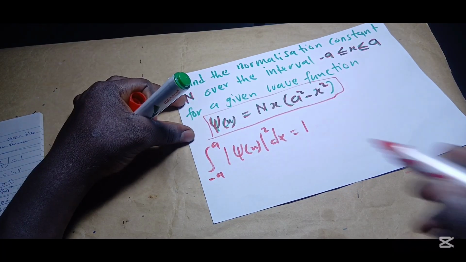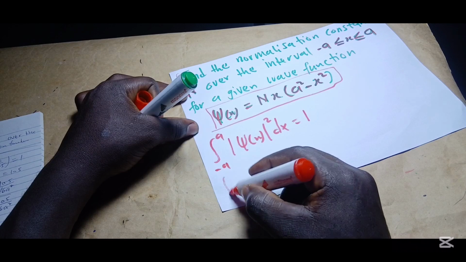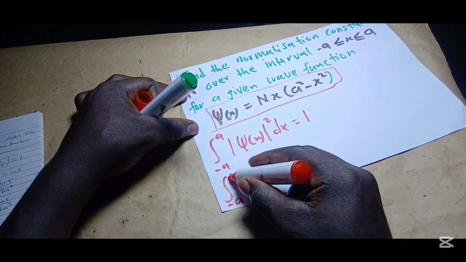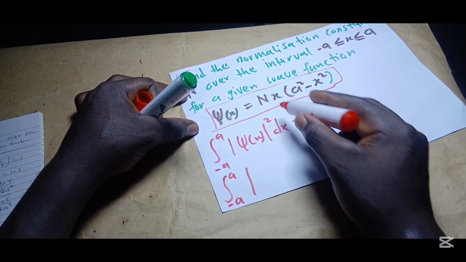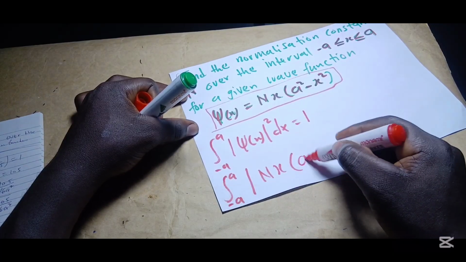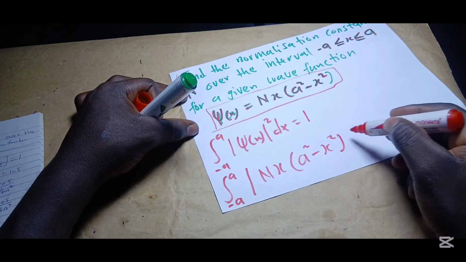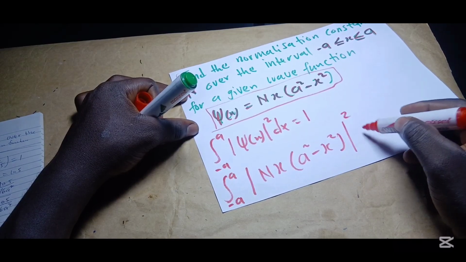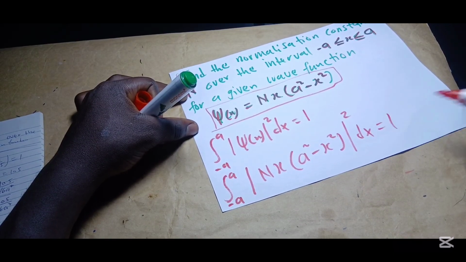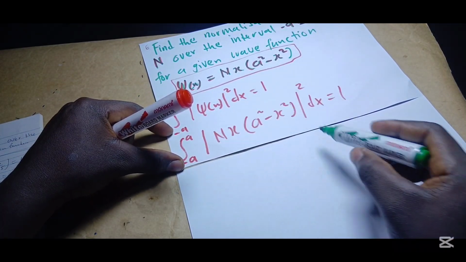And we know that psi of x is the same as this whole thing here. So we just take the integral from negative a to positive a of the absolute square of everything here. So Nx into bracket a squared minus x squared into bracket, absolute to the square, dx equal 1.